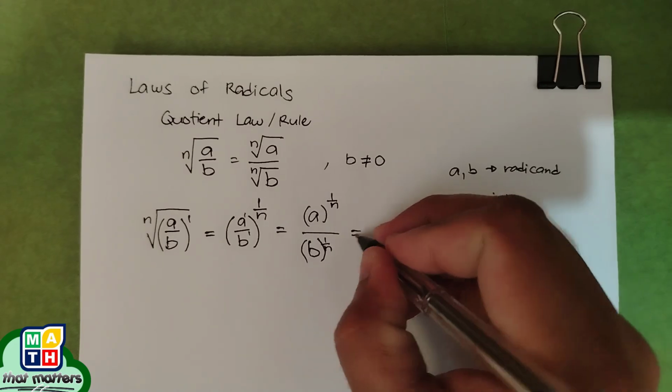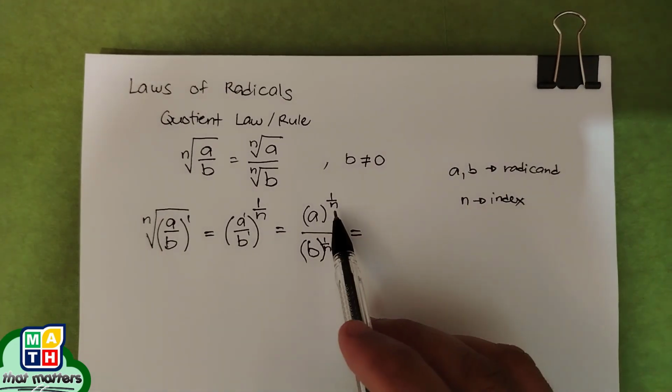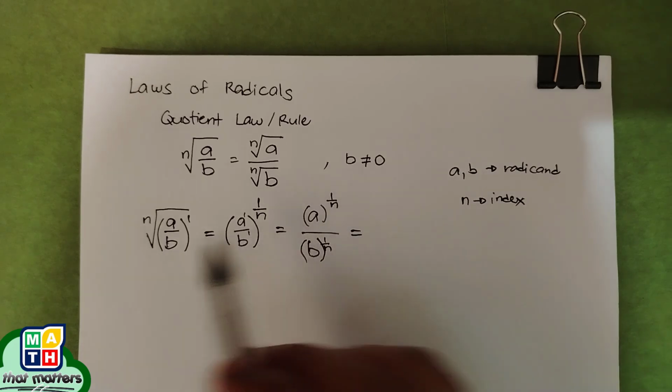Now, with this in mind, we can return to an expression with a radical expression, where again the n, or the denominator, becomes the index.